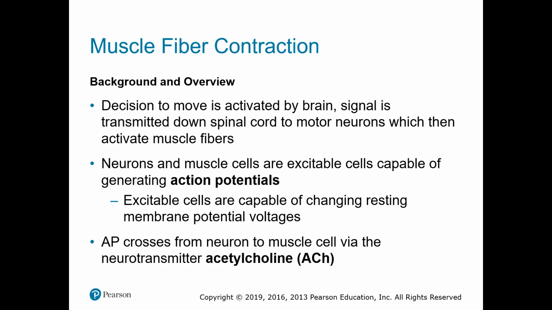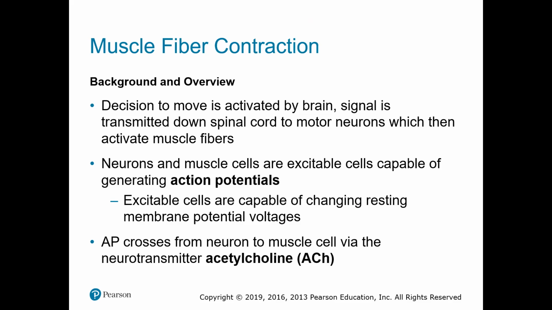The neurotransmitter we use in skeletal muscle is called acetylcholine. Acetylcholine is probably the most well-known and most well-studied neurotransmitter in our bodies. It's used in all skeletal muscle as a stimulatory neurotransmitter.